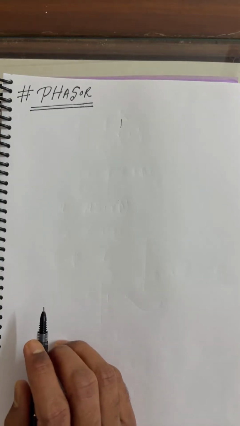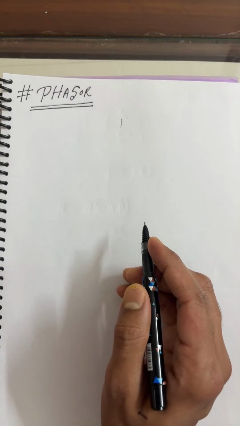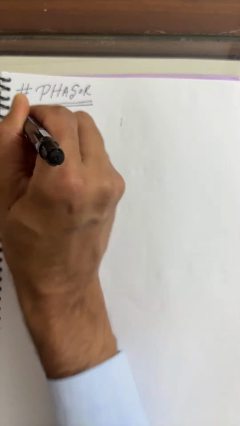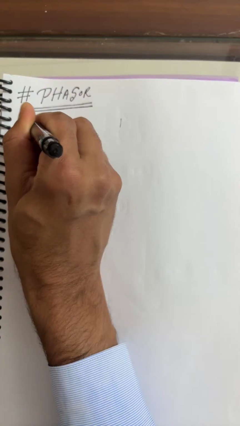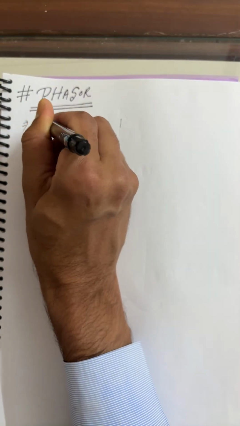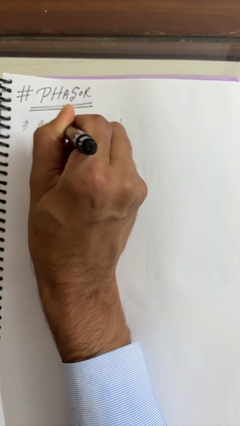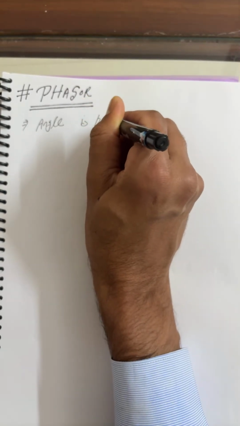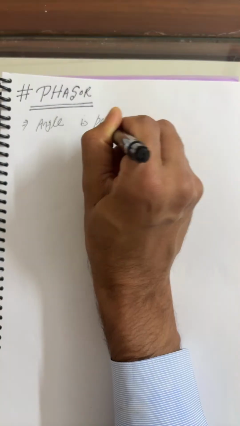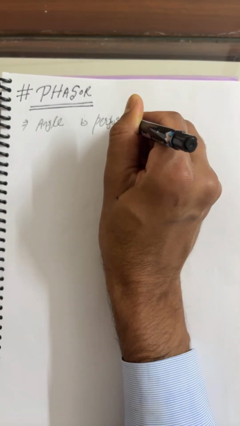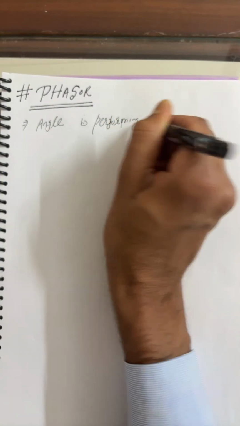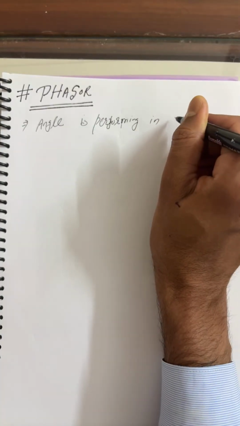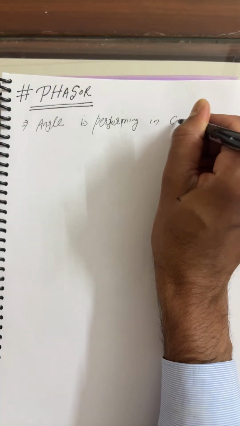But first, you may ask, sir, what is a phasor? Phasor is nothing but an angle performing circular motion.